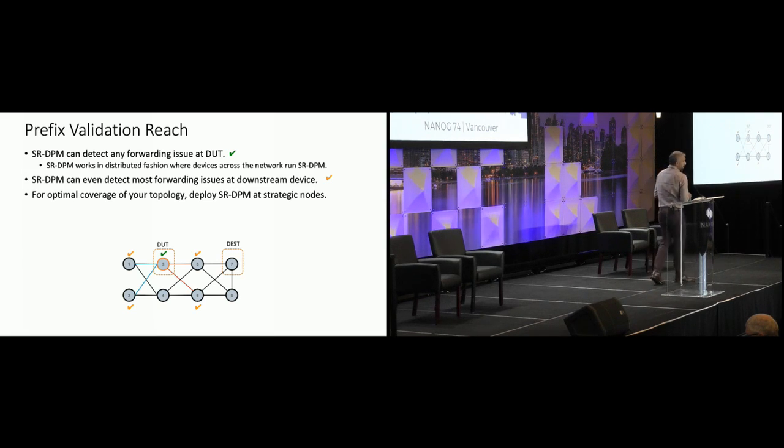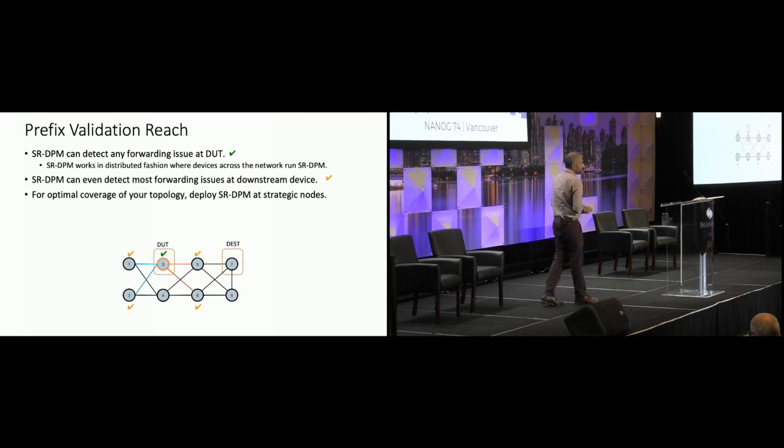And it can also detect most forwarding issues at our downstream neighbors. For example, if downstream does not recognize that prefixed label, or it doesn't have a path onward. So it receives the packet with label, but it cannot send further with the label. It cannot send it unlabeled. We can detect those kinds of scenarios as well.